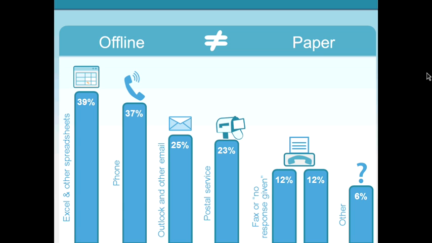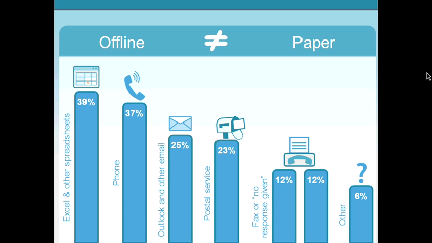So what we're focused on today are the online tools that, as we'll show, can help streamline the registration process by bringing together a number of different elements of the registration process, and ultimately make your life as an event planner or manager easier.